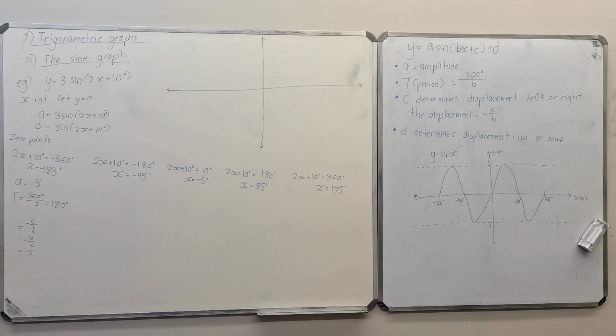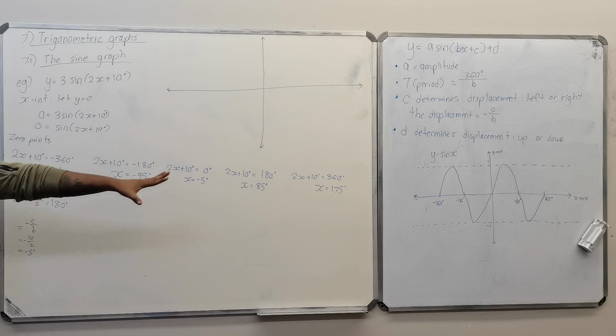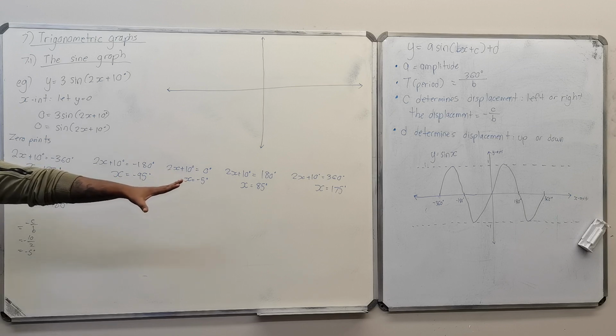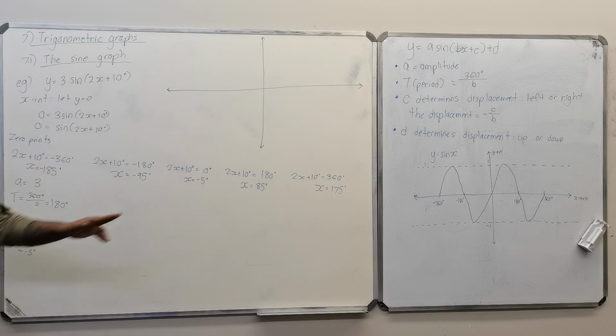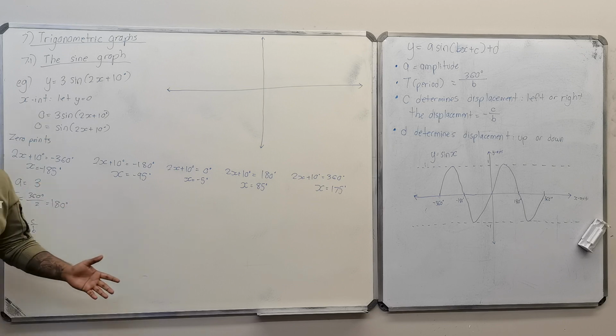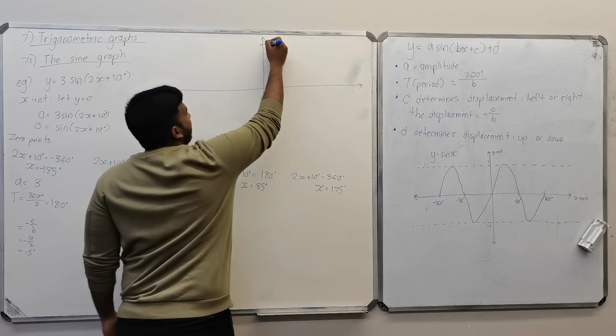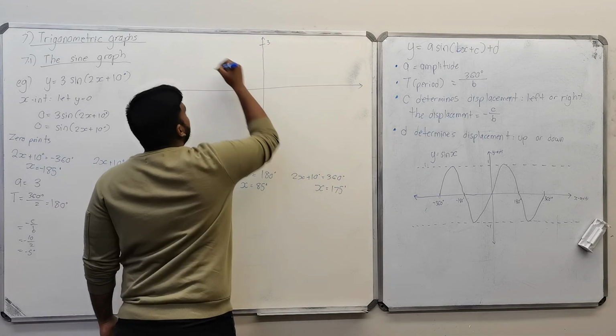That's what I was saying before, like how you can look at a formula, identify your information, and apply it to the original formula. Okay, so from this one here, if you're looking at that graph, your amplitude will now be 3.